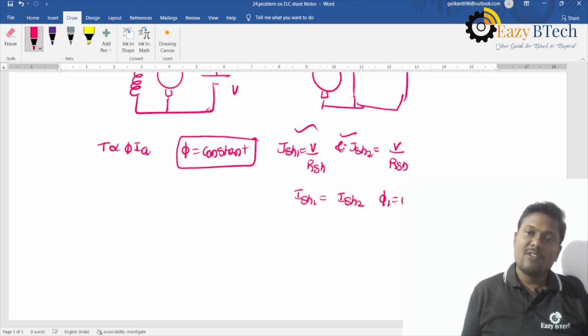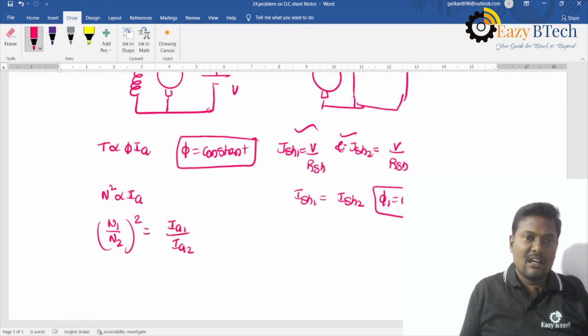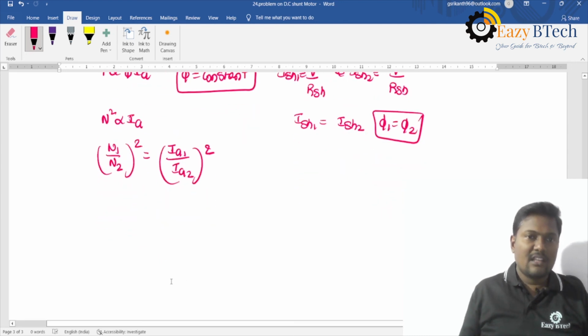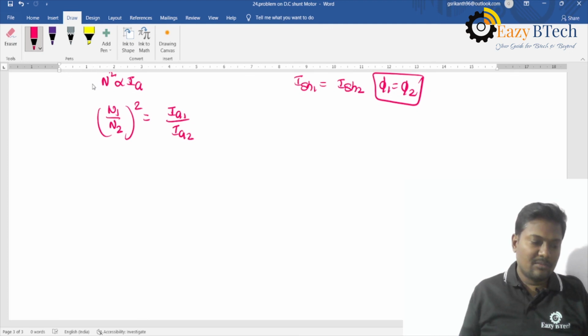That means phi1 is equal to phi2. And the torque is directly proportional to N square, so N square is directly proportional to IA. N1 by N2 whole square is equal to IA1 divided by IA2.